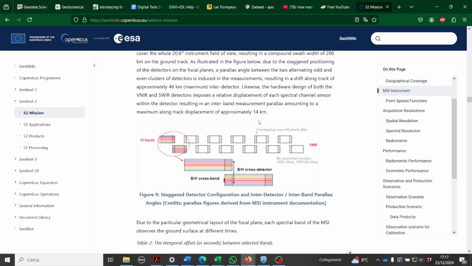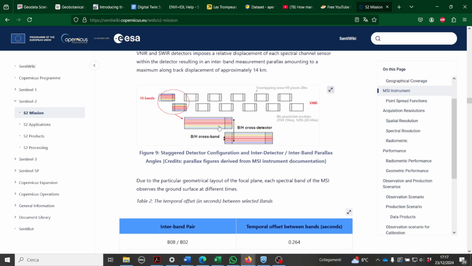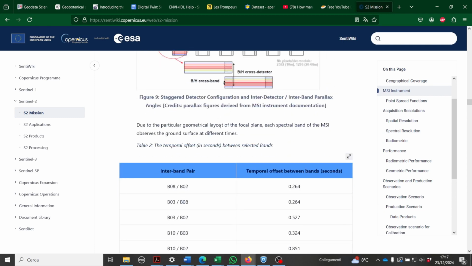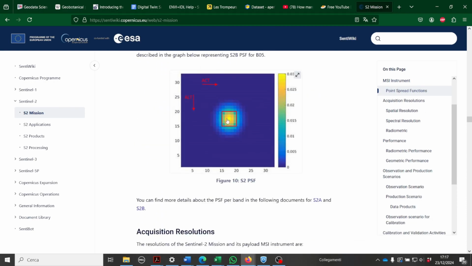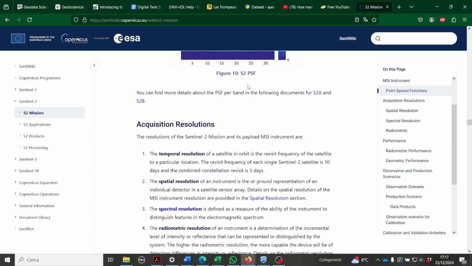So that means that this is a push broom sensor, so it's acquiring every single line for every single band, and this is a table in which we are not very interested, and this is something that I will explain in the theoretical part concerning the radiometric characteristics of the images.